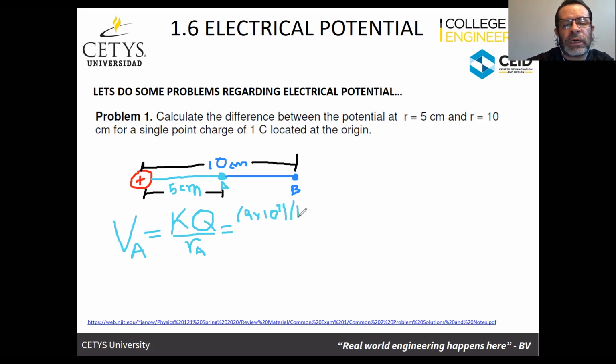Q is 1 coulomb. And RA is 5 centimeters, so this would be 0.05. Can somebody help me out with that calculation, please?